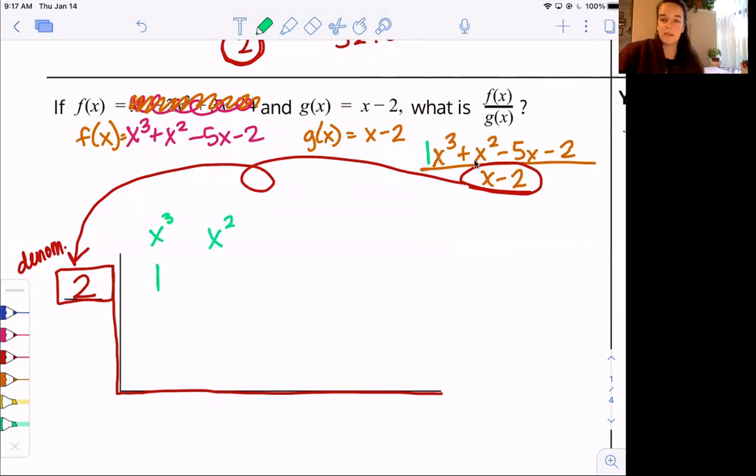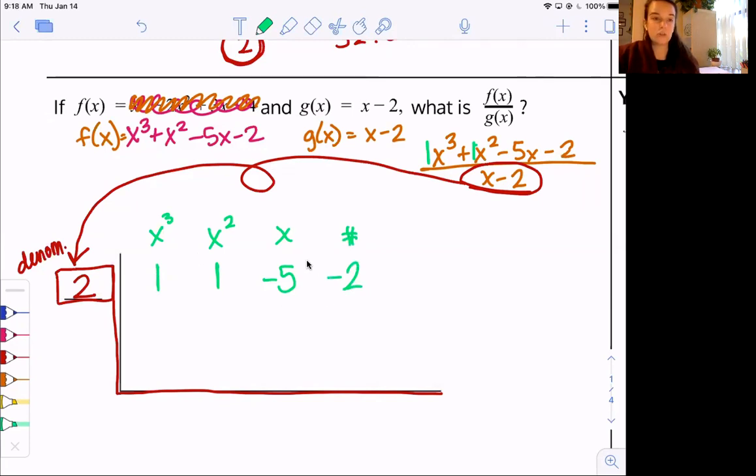How many x squareds do I have? I also have 1. Then x's would come next. How many x's do I have? I have negative 5 x's, so I'm going to put a negative 5. And finally, I have a negative 2 here. My number is negative 2.